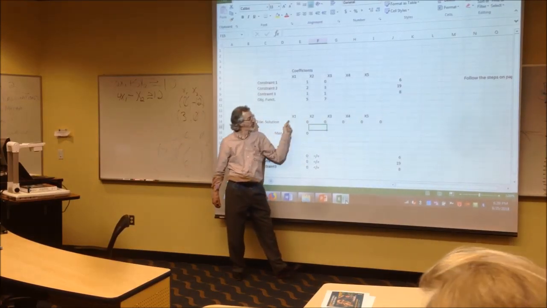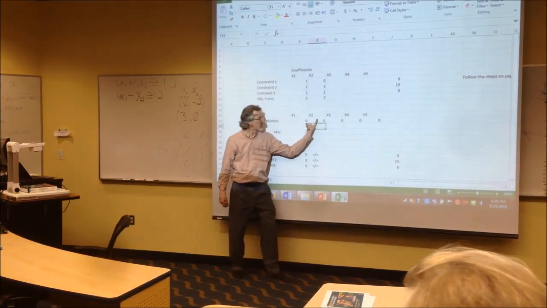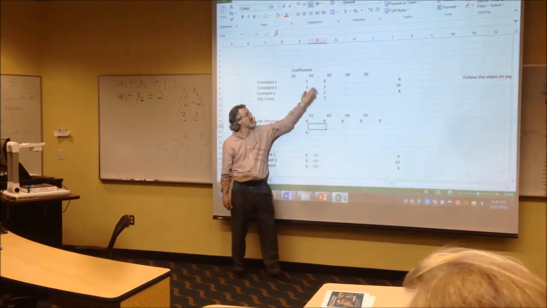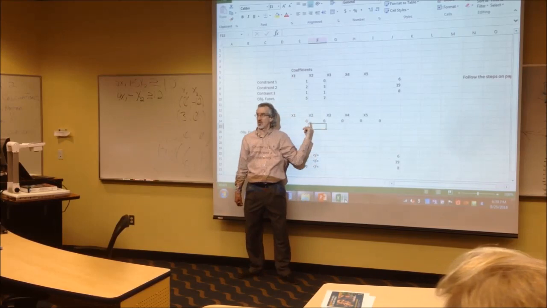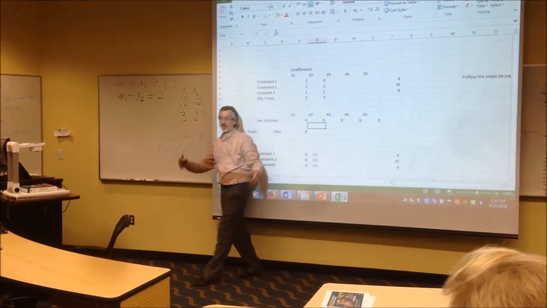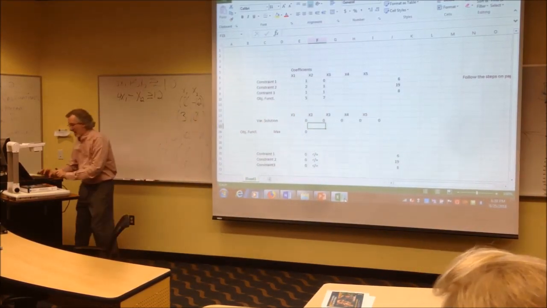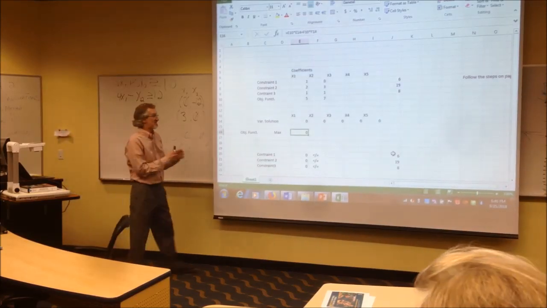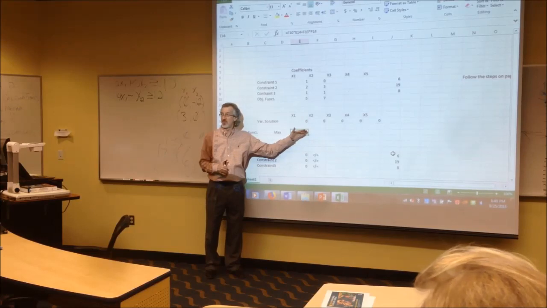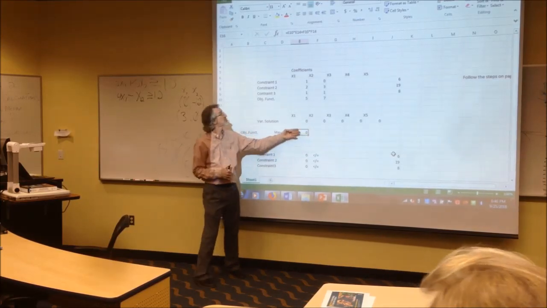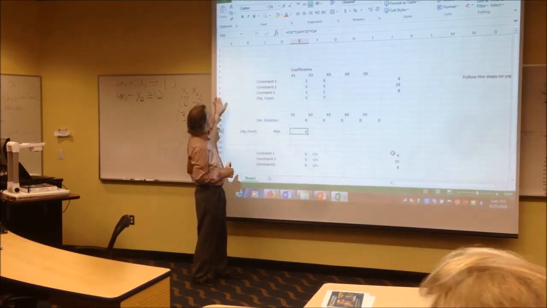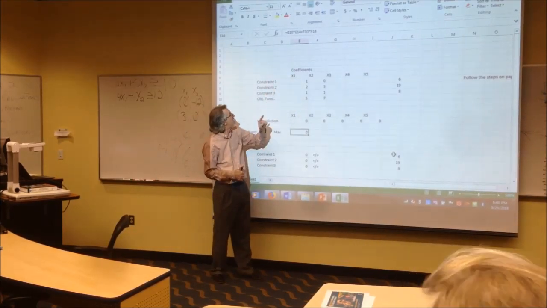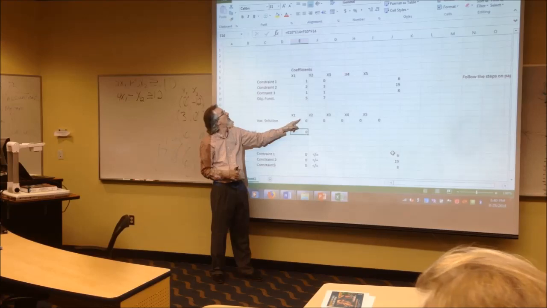Your optimal solution will be here. If there's only 2 variables involved, these will turn into numbers, these will stay as zeros. If you have 3 involved, these will turn into numbers also. You could have an optimal solution for multiple variables. Now this one is where all the work's put in. It's the calculation for the objective function. It says you take E10, the objective function value 5, times the optimal solution for x1.